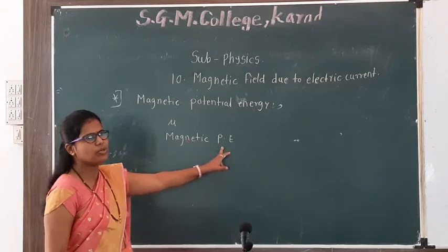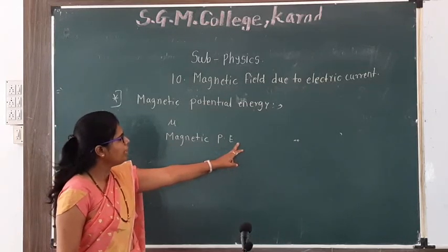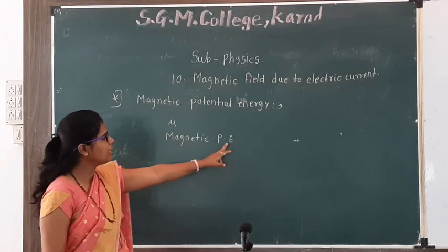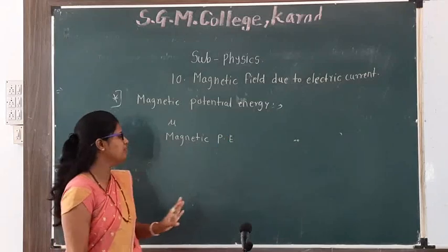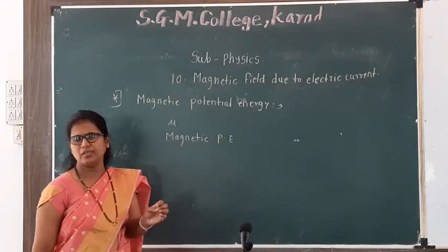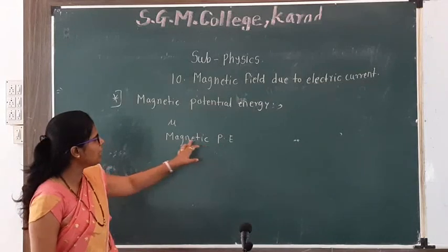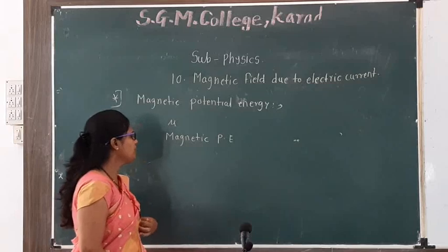This magnetic potential energy is produced because of the orientation of the field around us.